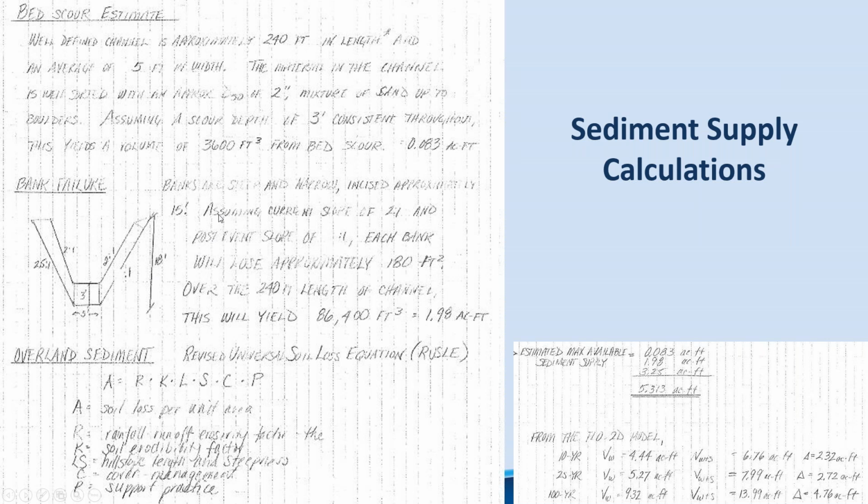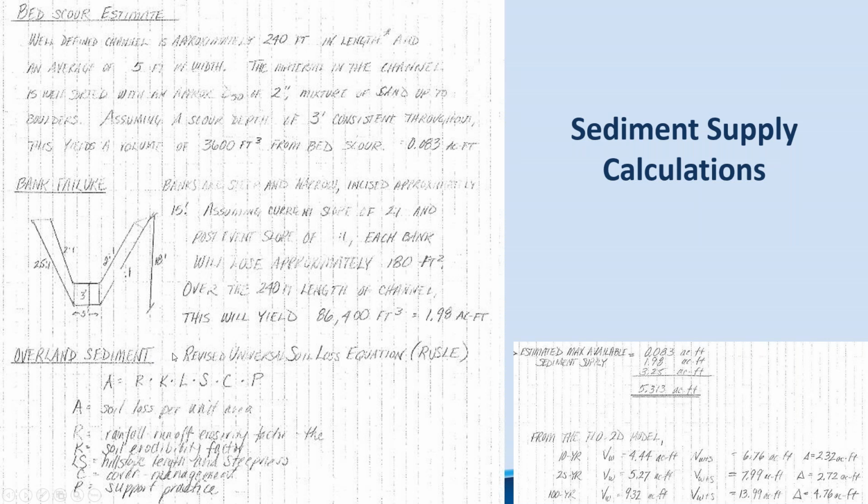Assuming the current slope is 2 to 1, and it may result in a slightly steeper slope, each bank will lose approximately 180 square feet over the 240-foot length of channel. So you're taking a couple of trapezoids here, maybe a rectangle at the bottom for the bed scour, adding these 2 bank scours to it, which are trapezoids, and you can do the geometry. And this will yield a lot more sediment than the bed scour will.